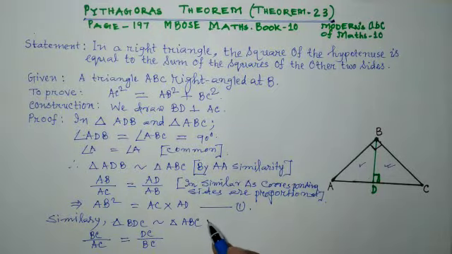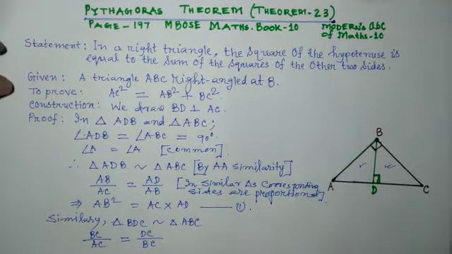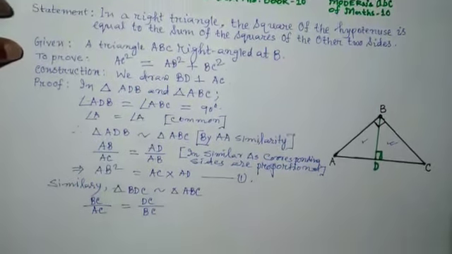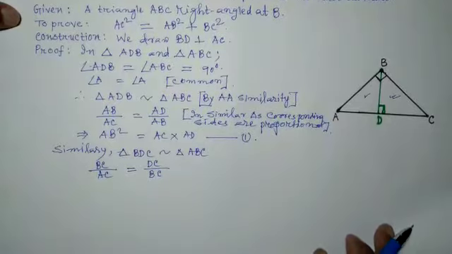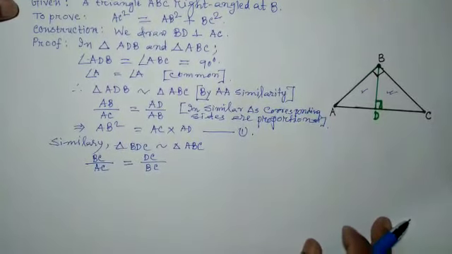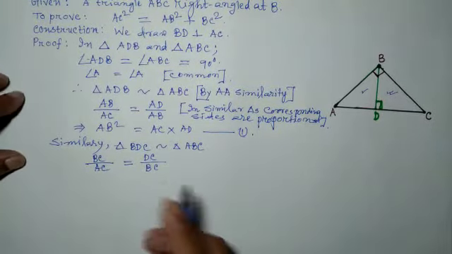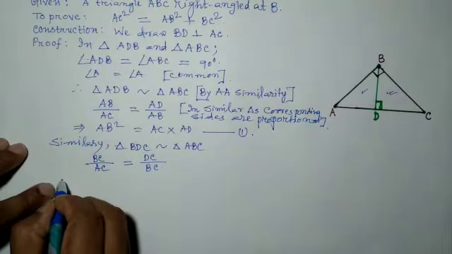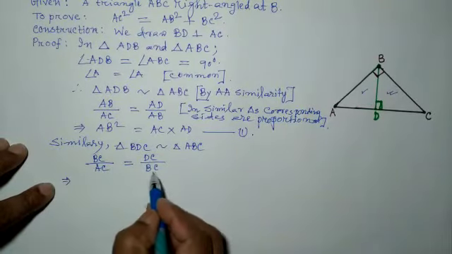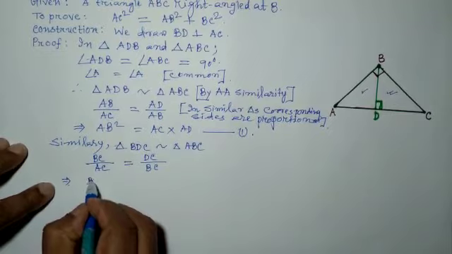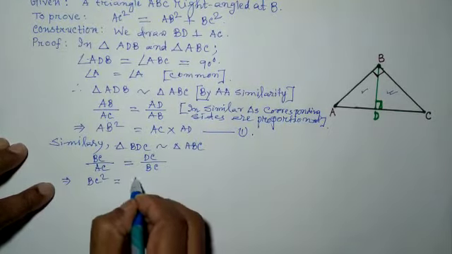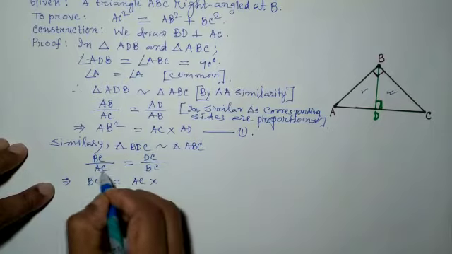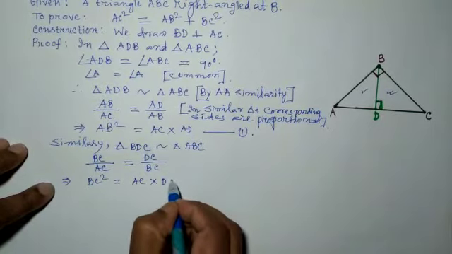Then let us do some adjustment here. So we do the cross multiplication as before. BC into BC, BC square, is equal to AC into DC.